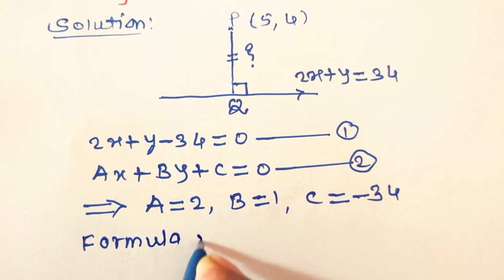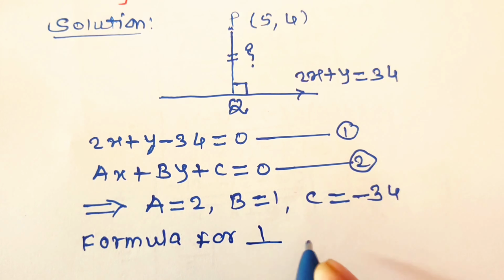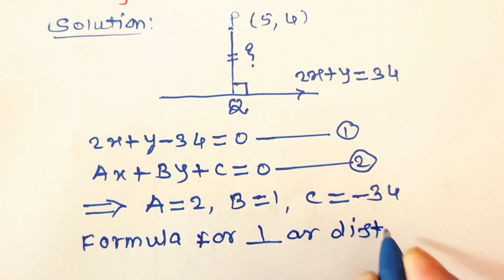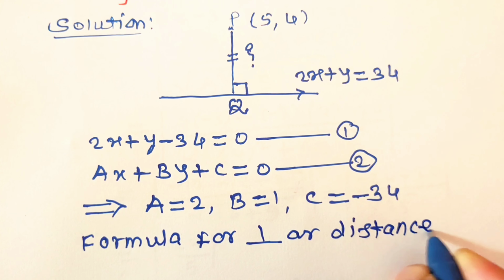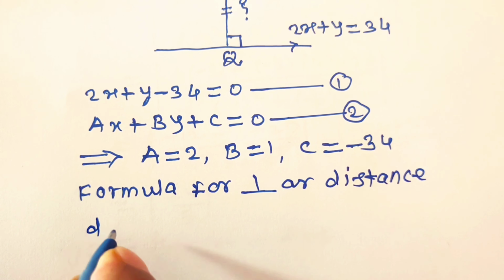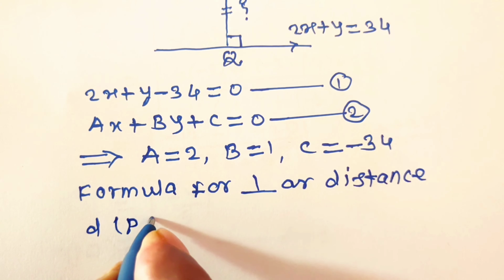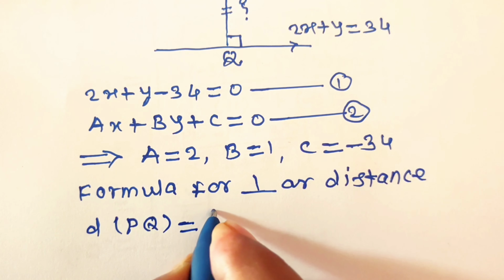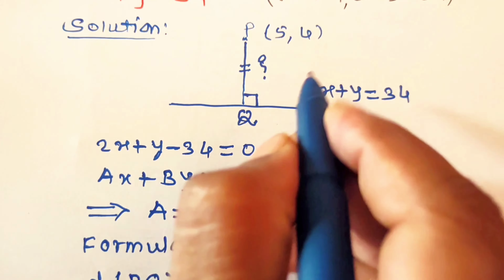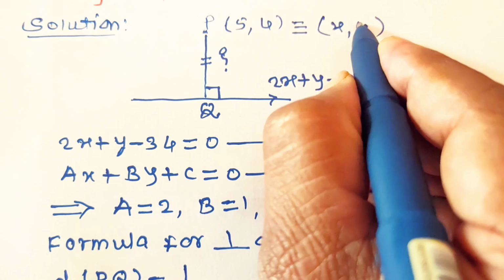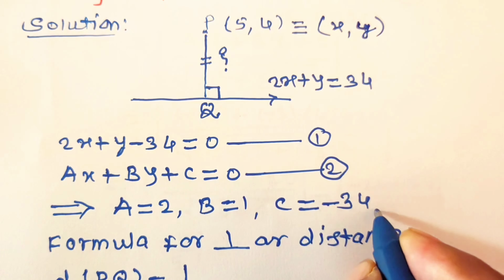Now, the formula for finding the perpendicular distance of point P from the straight line 2x + y = 34. First of all, the general formula for distance PQ, which is the perpendicular distance, considering point P as (x, y).